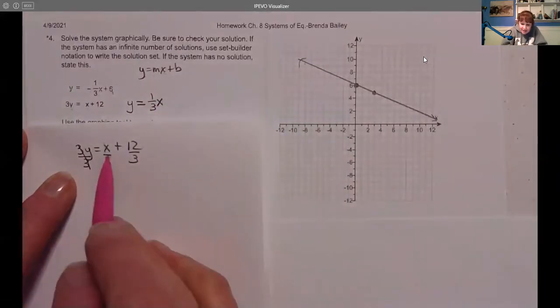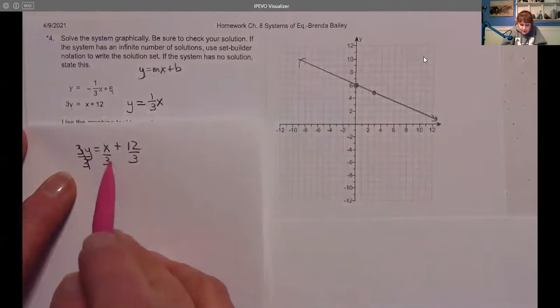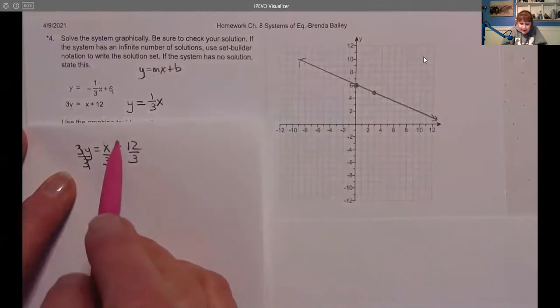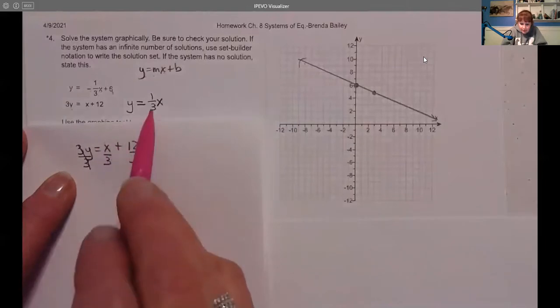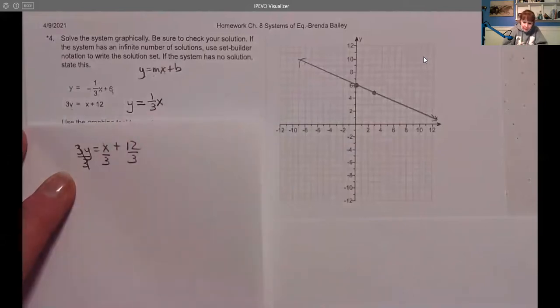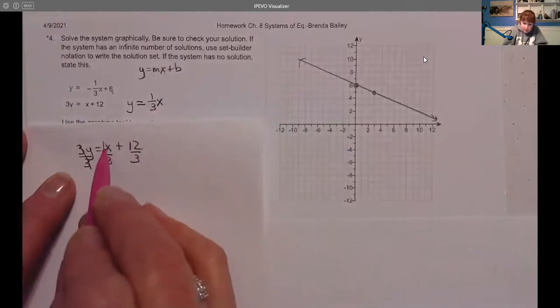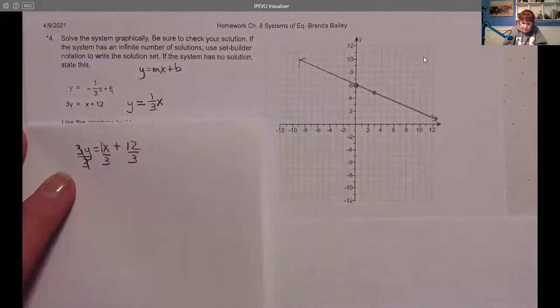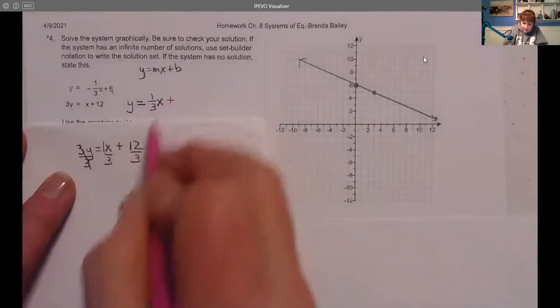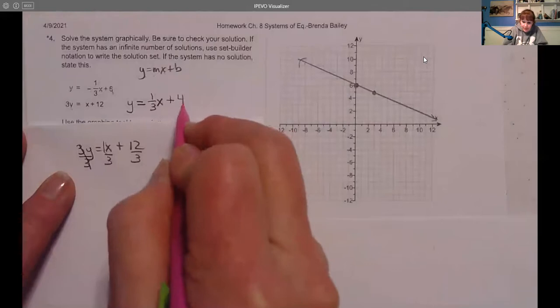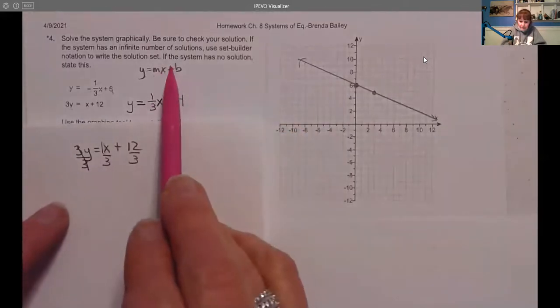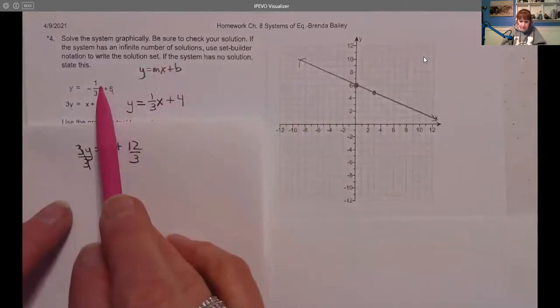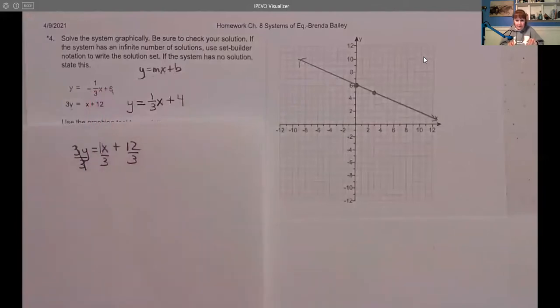It's not that this is wrong, but to graph, I like to have this out front, in front of the x. And because this is a 1, I just write 1/3 x plus 12 divided by 3 is 4. So now it looks like this.